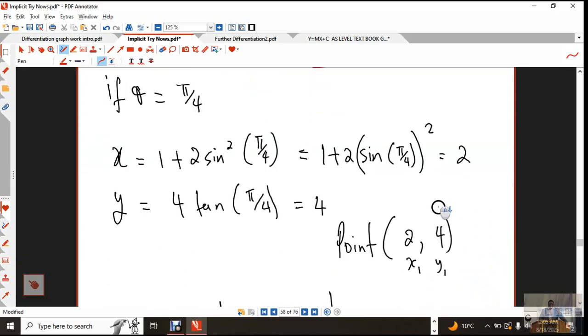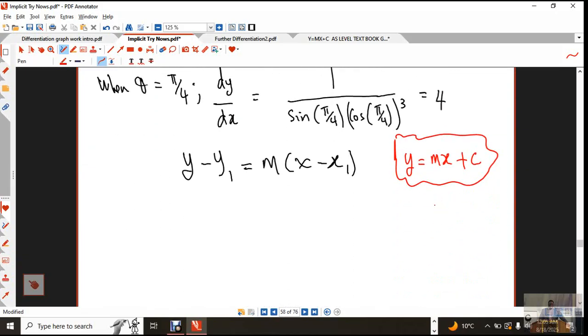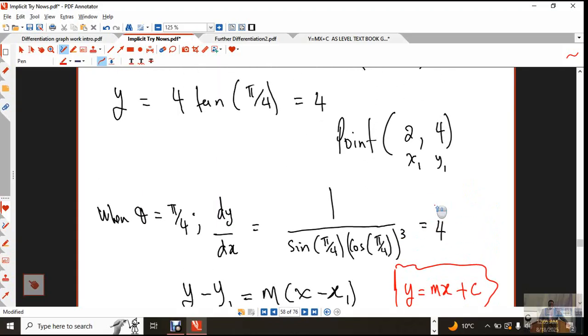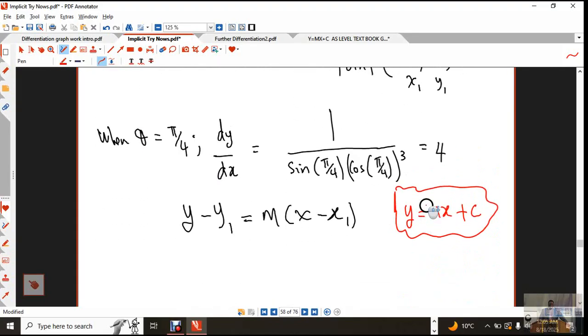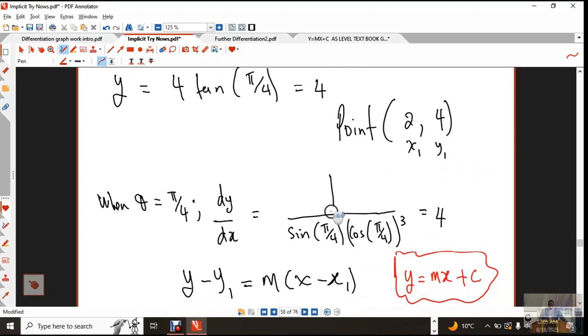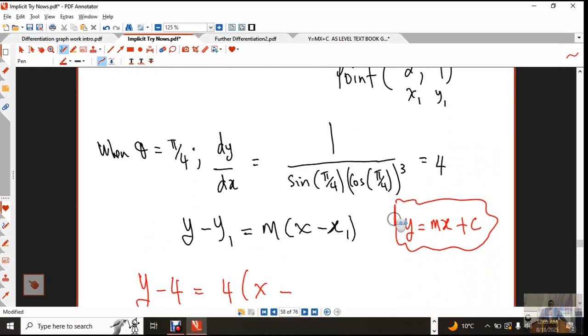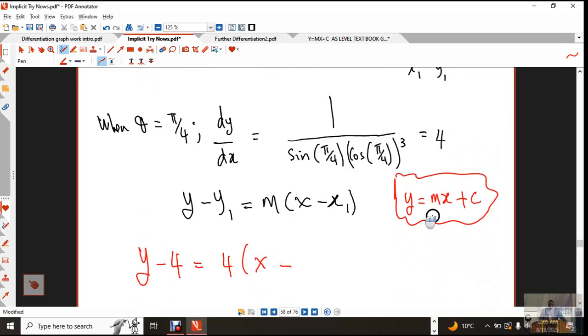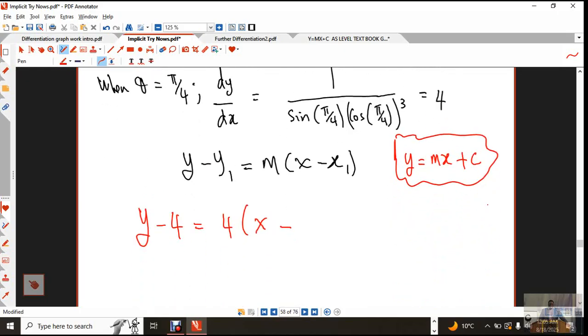So it's just simple plugging in. We know the point is 2, 4. So y is 4, so this is going to be y minus 4. Its gradient is 4, and then x minus our x value, which was 2, so bring down that 2. So y minus 4 is equal to 4x minus 8.